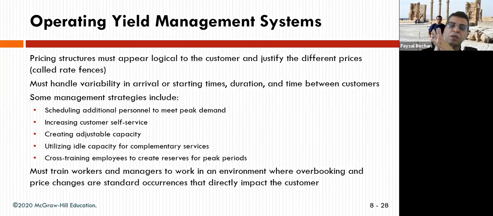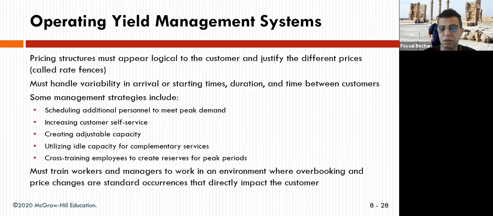If it's a business community, they might have different prices in mind than when you are going on vacation. You must also handle the variability in arrival times. Sometimes they come at 6 o'clock, all of them, as a group, so you need to work very quickly, and sometimes they come more slowly.